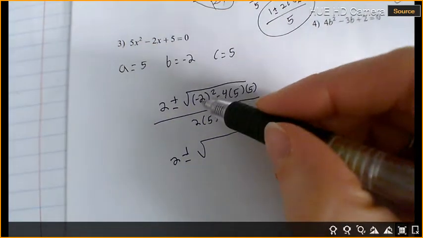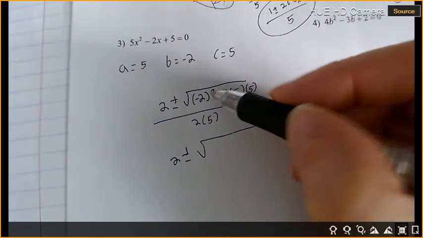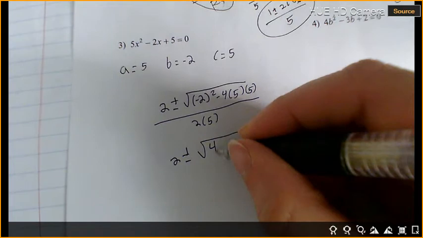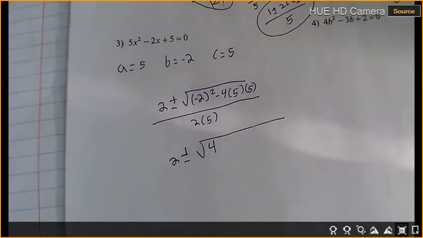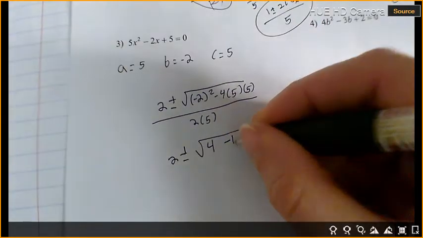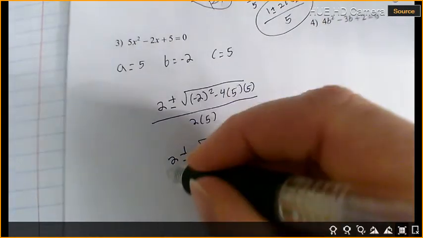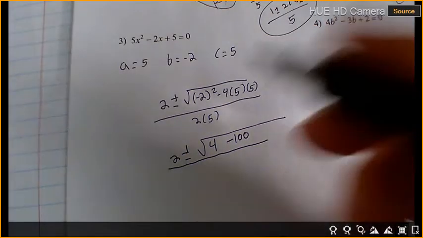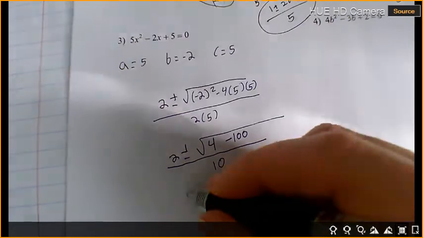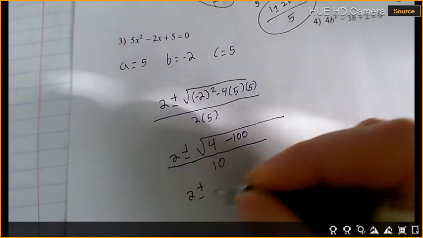And negative 2 squared is 4. And then 4 times 5 times 5 is negative 100. All over, what's 2 times 5? 10. Okay. So we get 2 plus or minus the square root.